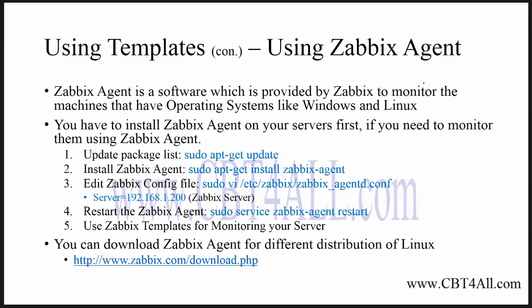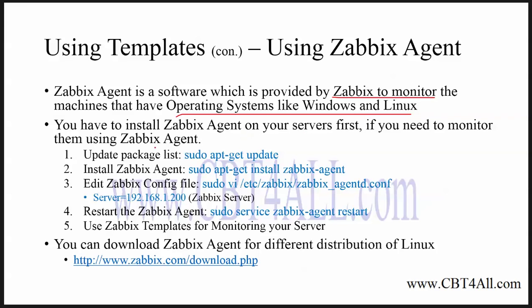Okay, what is a Zabbix Agent? A Zabbix Agent is software provided by Zabbix to monitor machines, and these machines have to have an operating system like Windows or Linux.